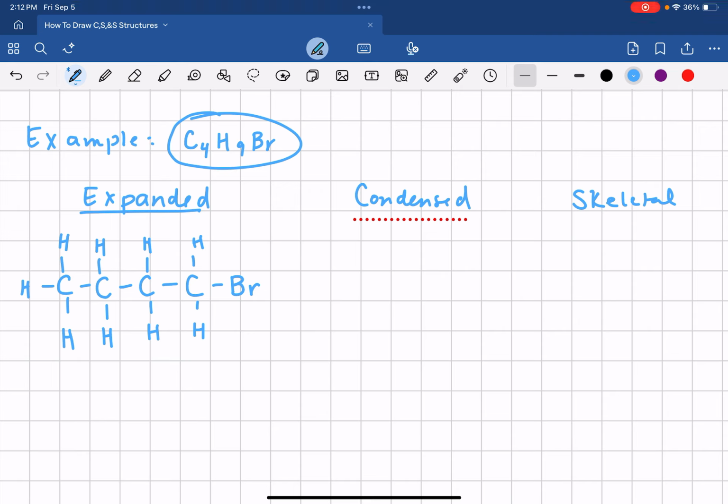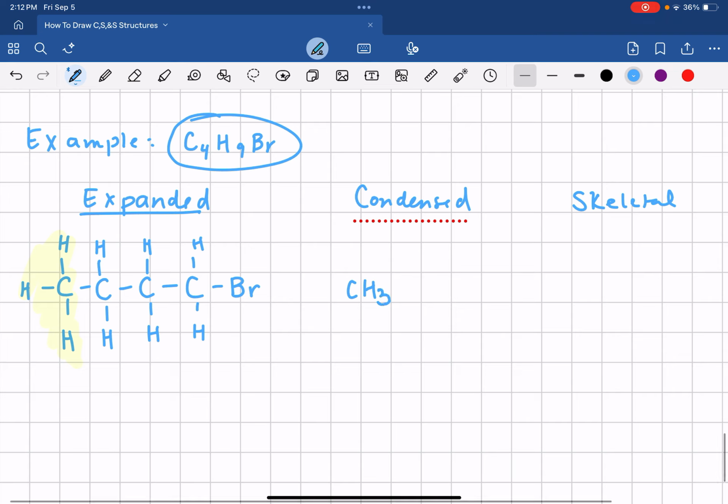Remember, expanded structures show everything. They show the bromine and they show the hydrogens. Now let's do the condensed structure, which would simply be, if we take this right here, CH3. If we highlight this structure right here, that would be CH2.